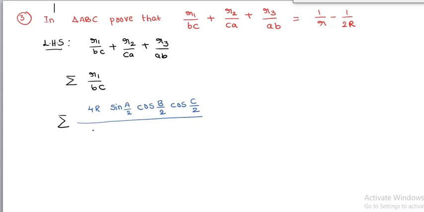So B value according to sine rule, 2R sin B, and C is 2R sin C.